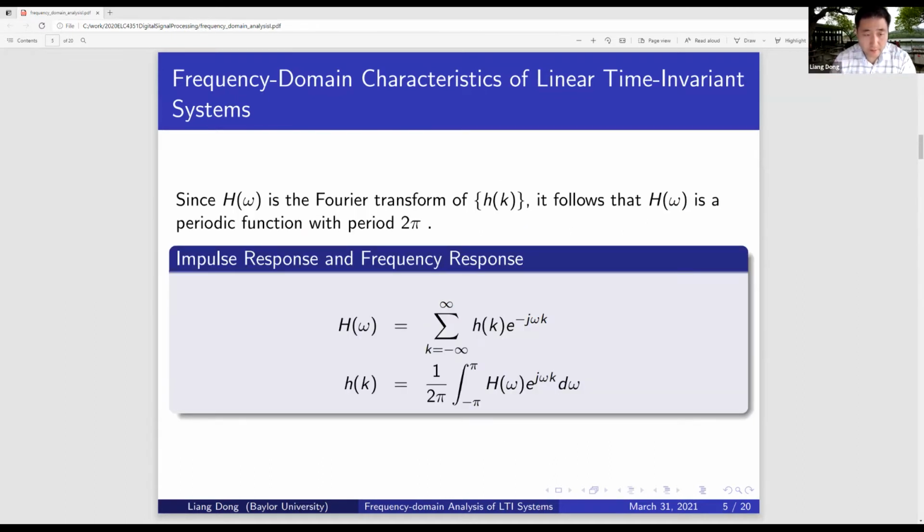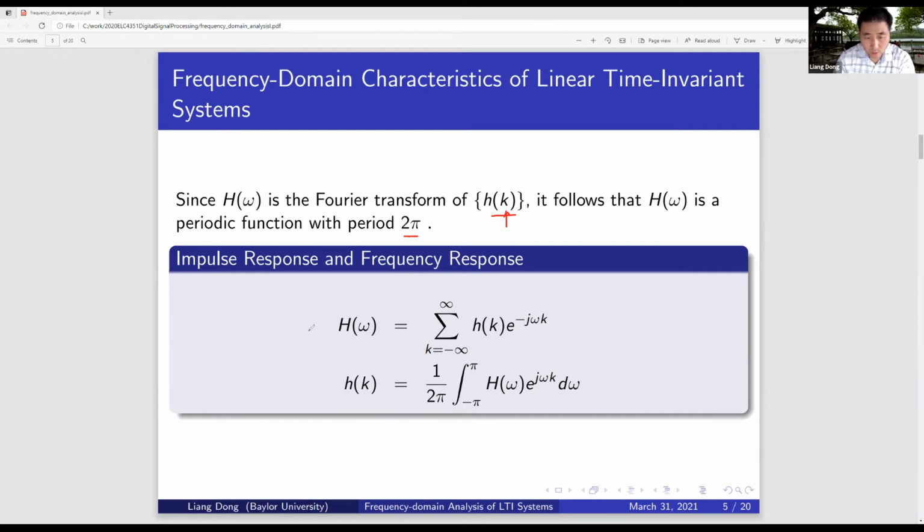So we know capital H of omega is the Fourier transform of signal h, little h. It follows that H of omega is a periodic function with period 2 pi. Why? Because h[k] is a discretized signal with an index k, an integer time index. We are using this Fourier transform for discrete time signals, which can be written here in the box.